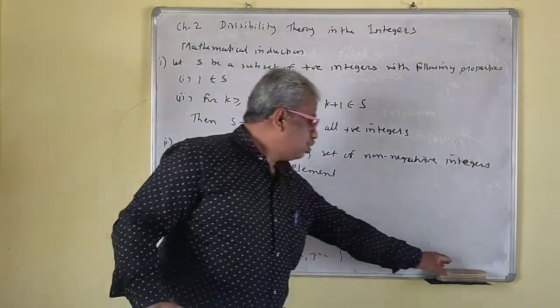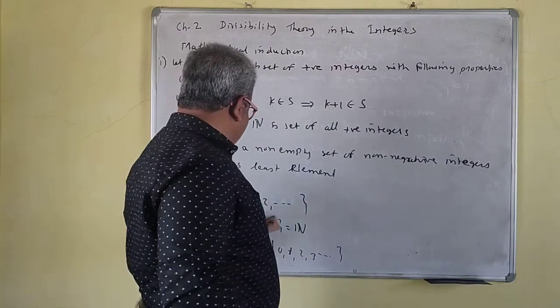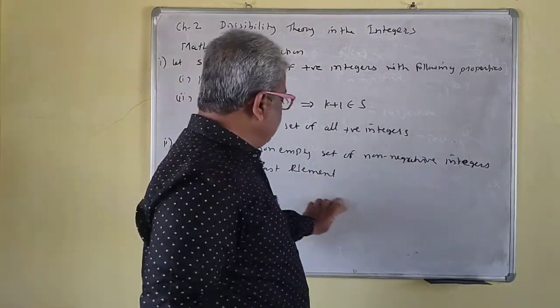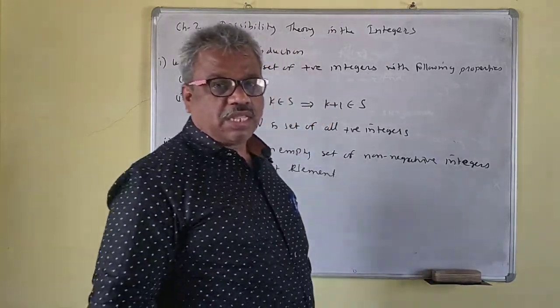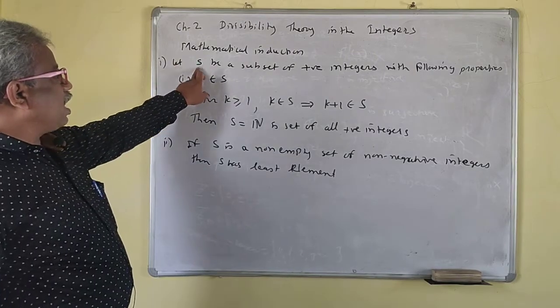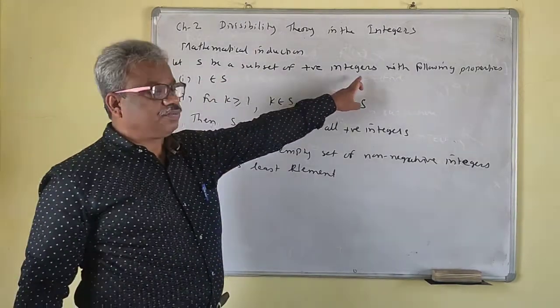So note this. If a result depends on the positive integers, that means the natural numbers, then we use mathematical induction. The mathematical induction is this: S is a subset of positive integers.